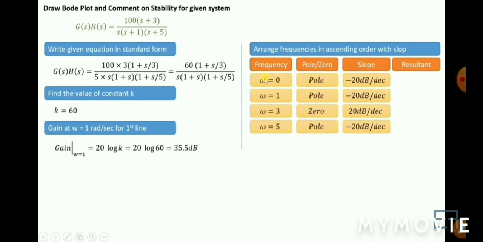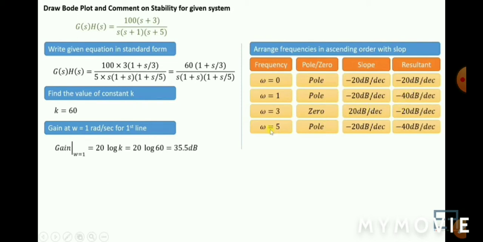Then we will calculate. Omega equals 0 is a pole, so the result is minus 20 decibel per decade. Next, omega equals 1: previously we had minus 20, again minus 20, so it becomes minus 40 decibel per decade.